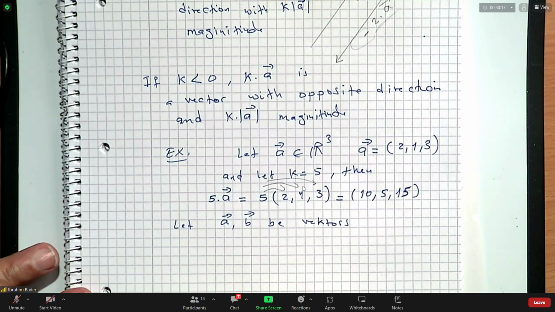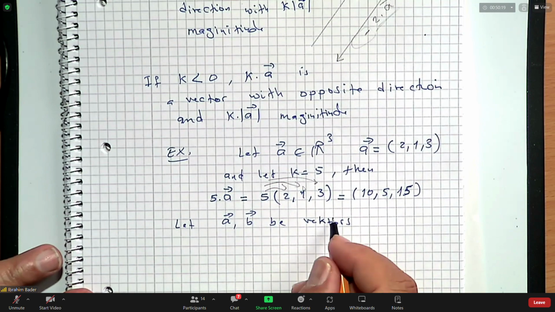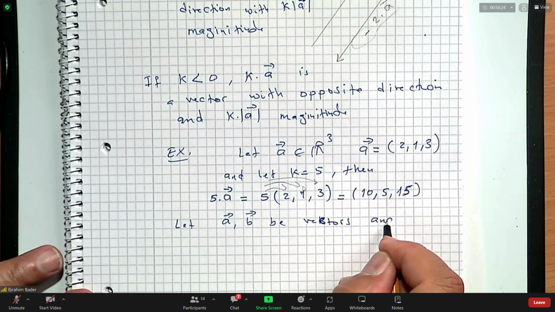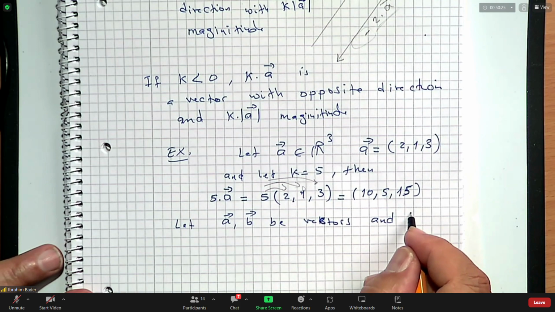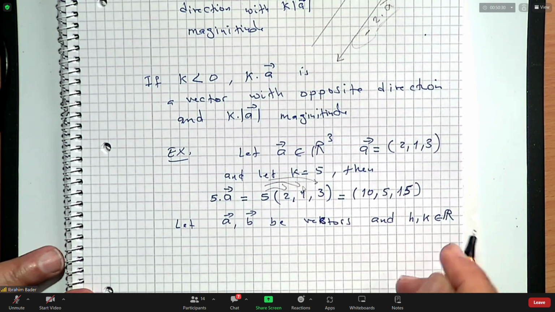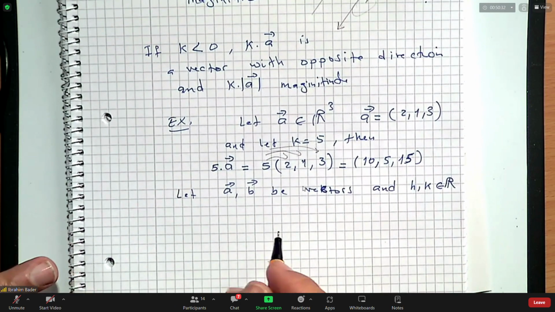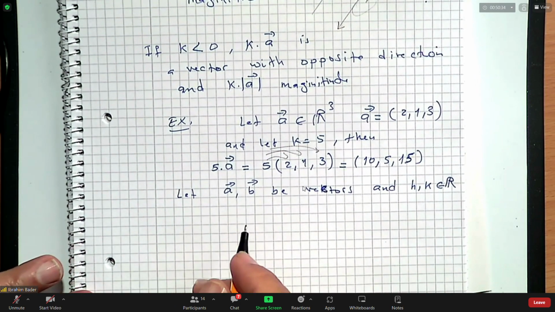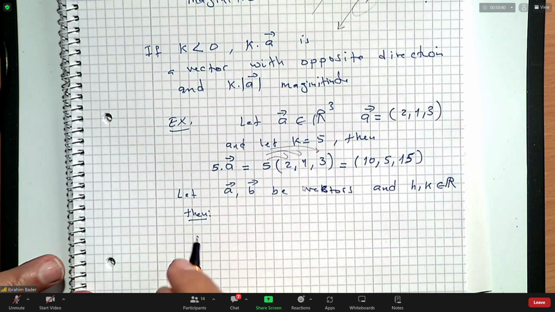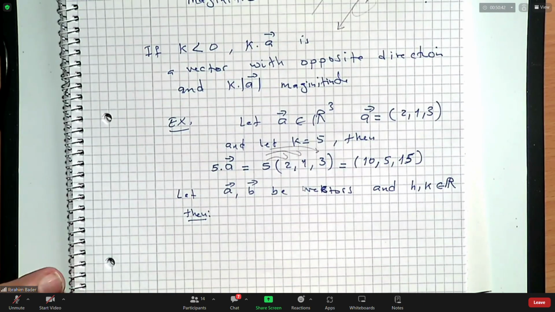Sorry, I read it here in German, but it's a C here, of course. And let's assume H and K are constants. So we'll see which rules apply if we multiply different, then, multiplying by, for instance, two scalars or two constants.